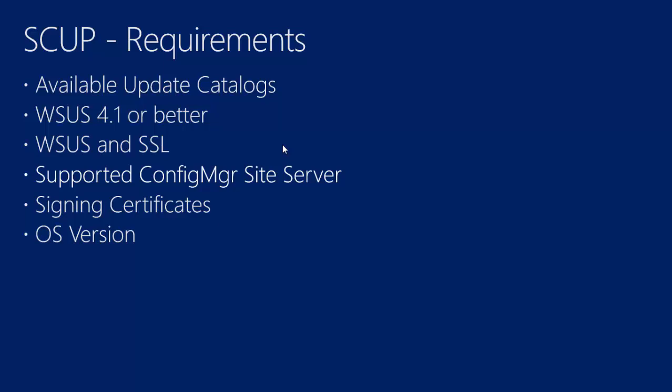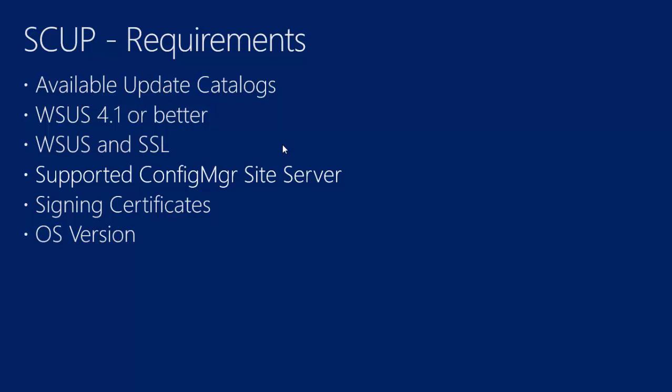And then WSUS and SSL is an interesting one. Strictly speaking, the WSUS and SSL requirement exists only when your SCUP console is remote from your WSUS server. This is a WSUS API requirement. It is not a SCUP requirement. SCUP has to leverage what's out there.